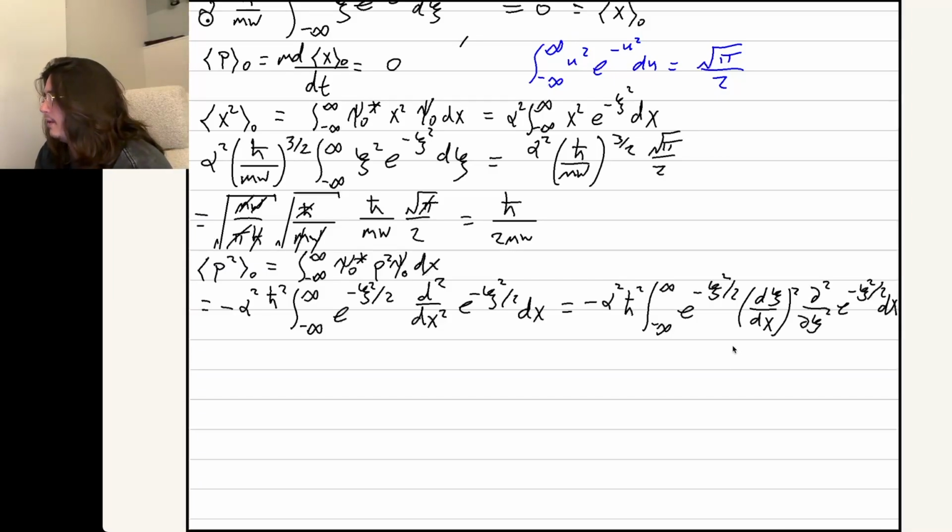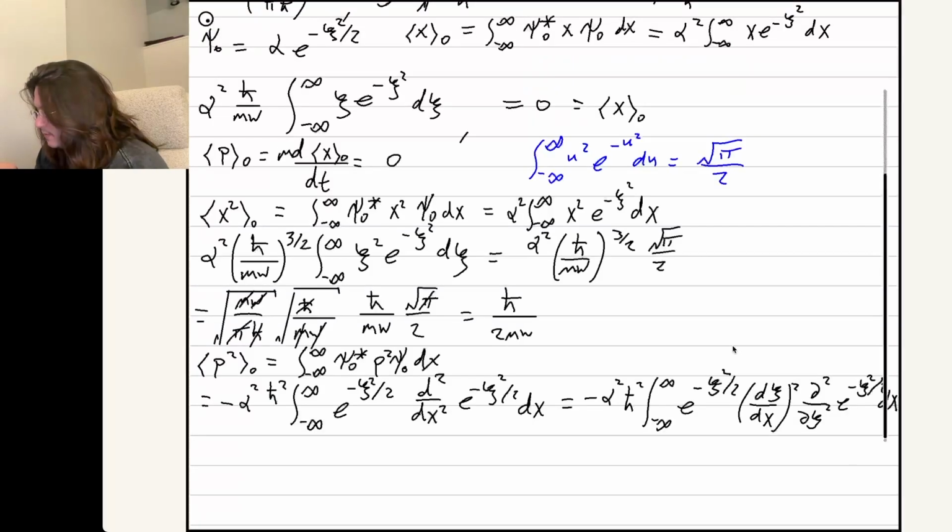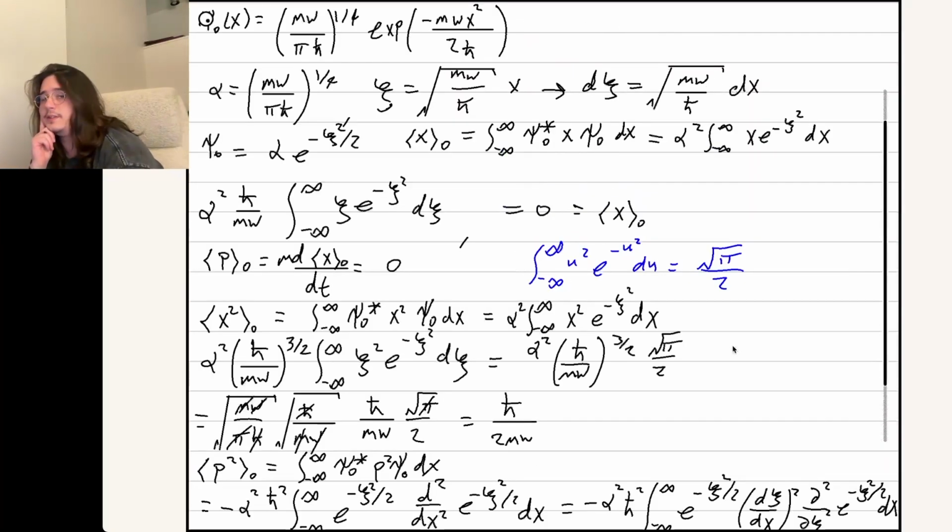Now plugging in what we have for dx, and also looking back up here to think about what dc dx is, it's just the square root of m omega over h bar.